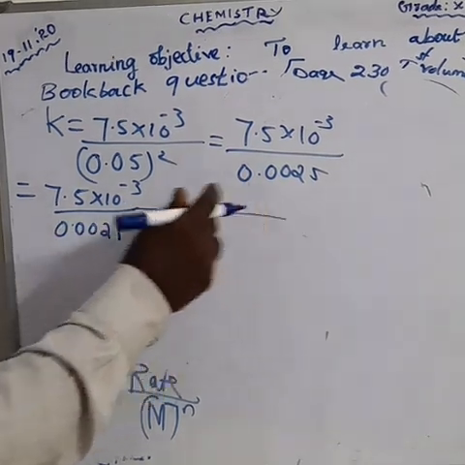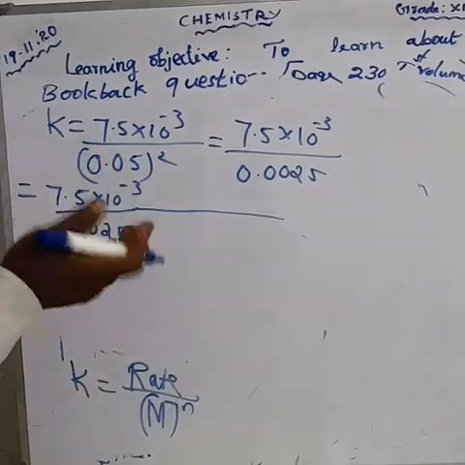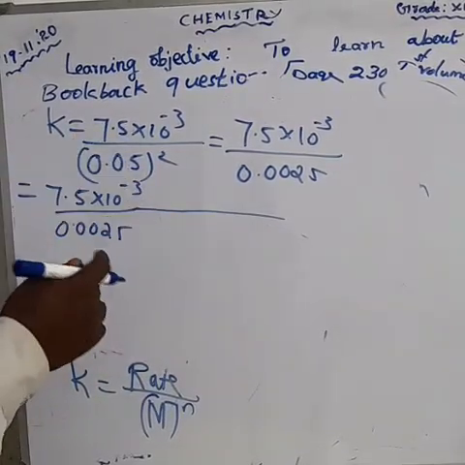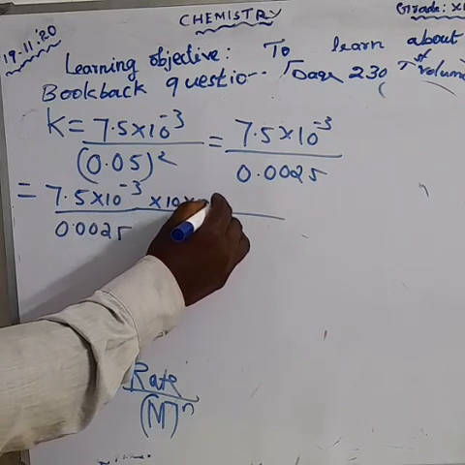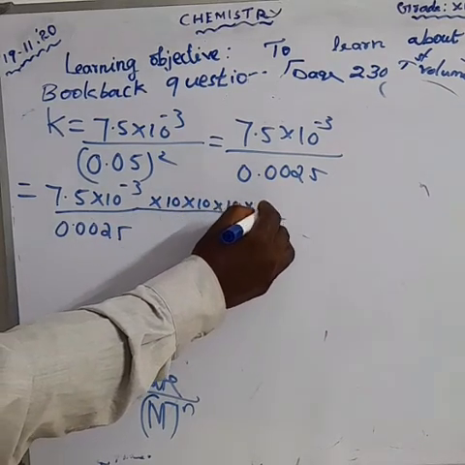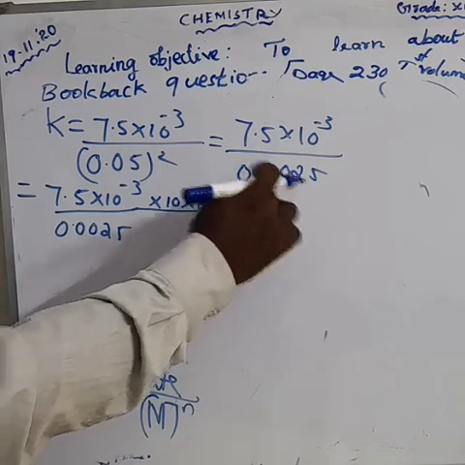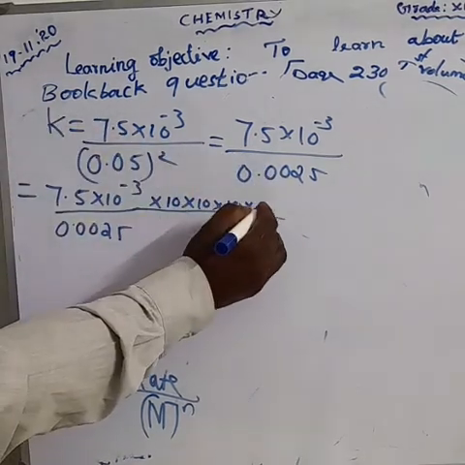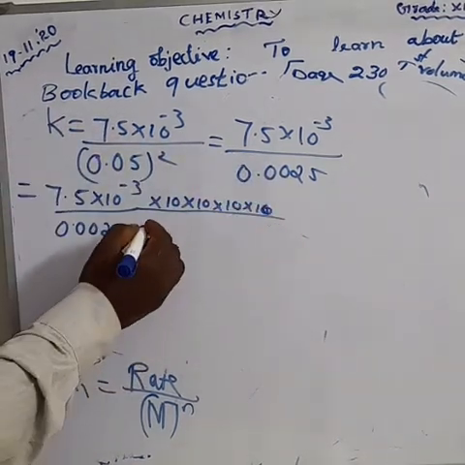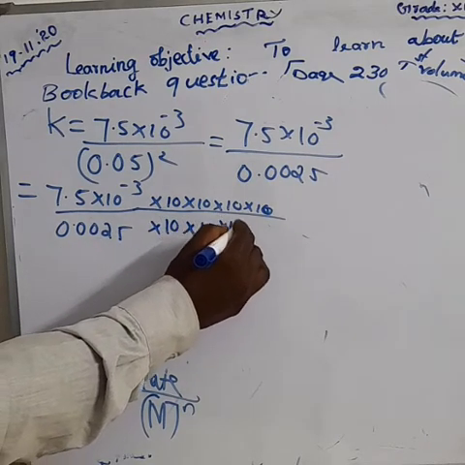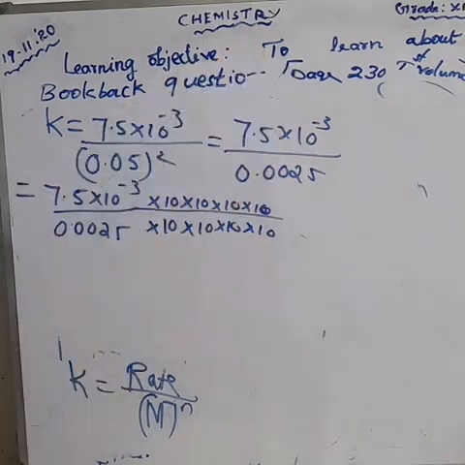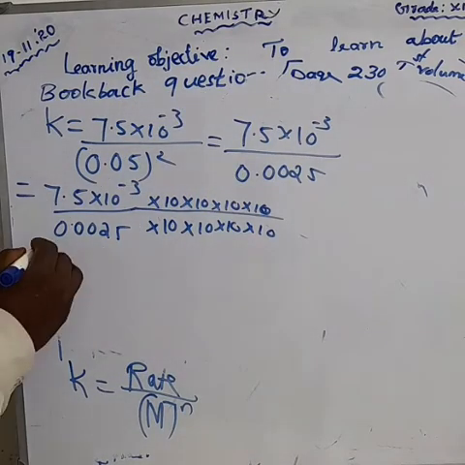So we should multiply the same number by 10 into 10 into 10 into 10. The decimal number having 4 places, so 4 times you multiply by 10. Down also like that, below also 10 into 10 into 10 into 10.